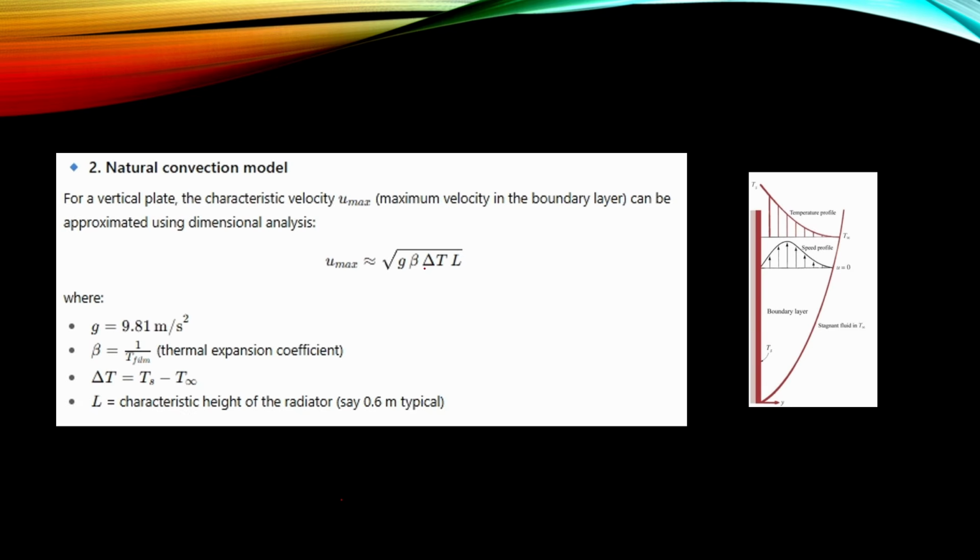And then you have this thermal expansion coefficient, and for that you can use the function 1 divided by the so-called film temperature, and for this film temperature you can use the average value of the temperature of that plate and environment. For this L you can use the height of the radiator.